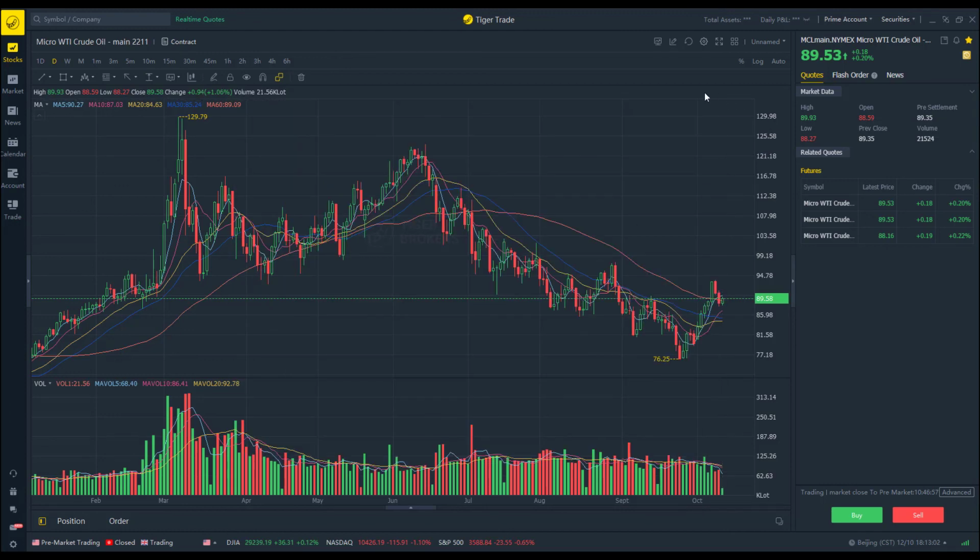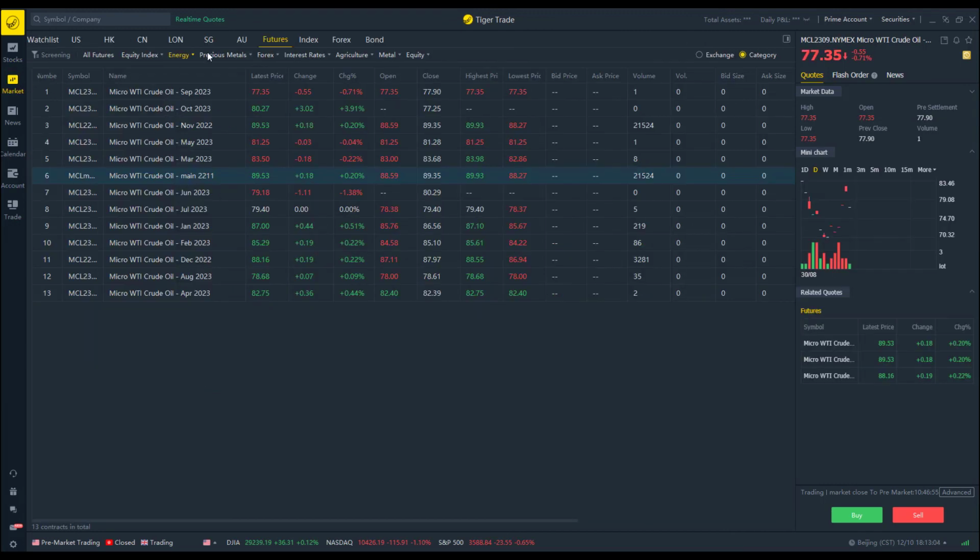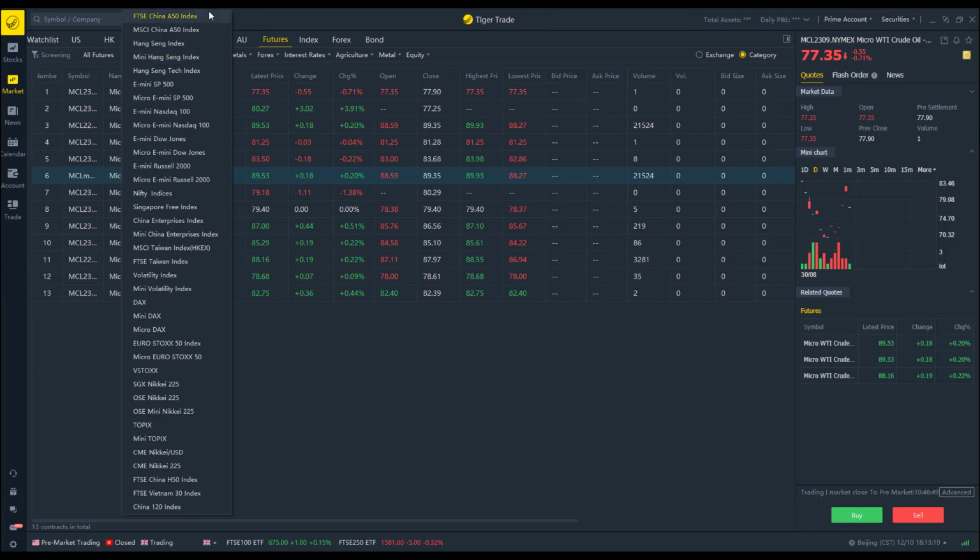And let's just have a look at some other markets that offer this sort of stuff. Another popular area is equity indices, and you can see here we got E-mini S&Ps, we got a micro E-mini Russell. Let's see if we can find some of the micros. We've got micro DAX, micro Euro stocks, so we've got a good mix there.